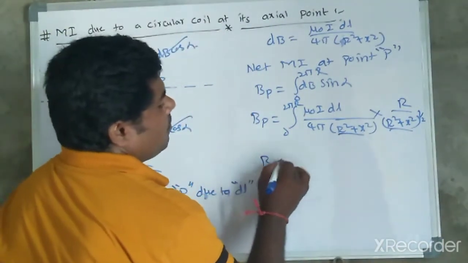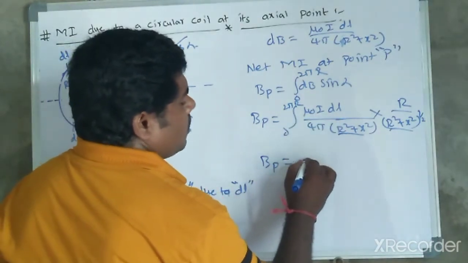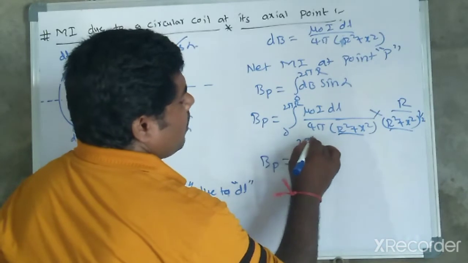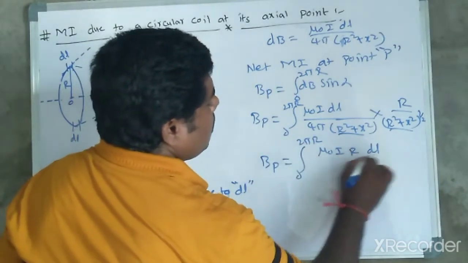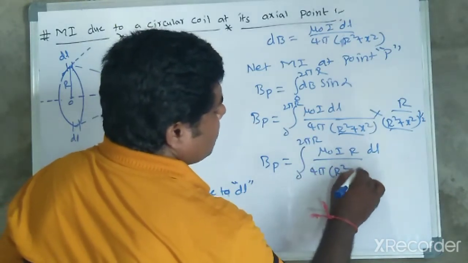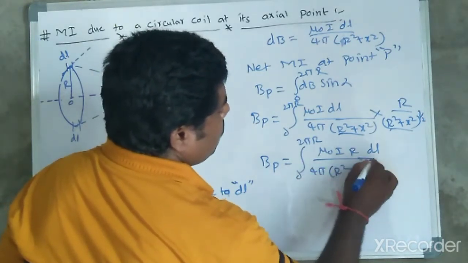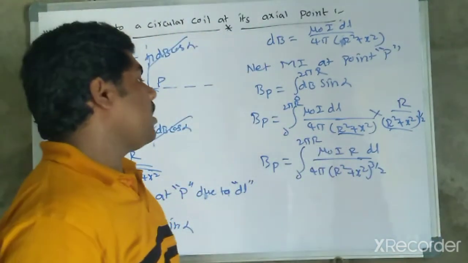So BP is equal to the integral from 0 to 2 pi r of mu naught I r into dl divided by 4 pi into r square plus x square whole power 3 by 2. Here mu naught is constant, I is constant and r is constant.